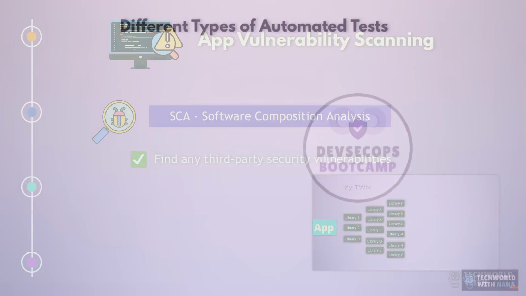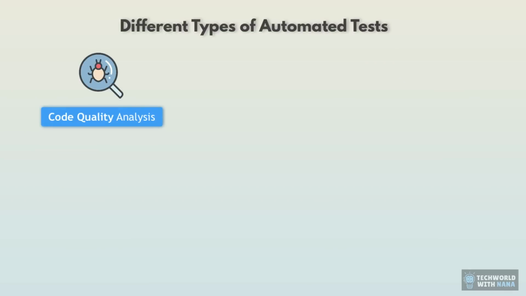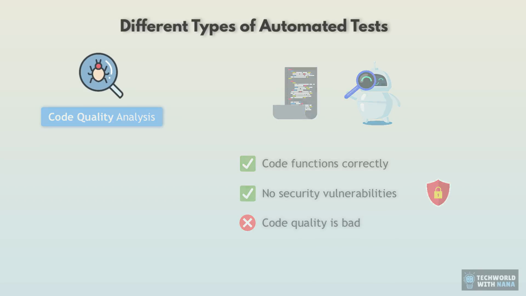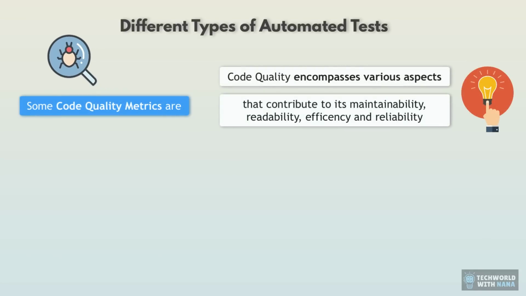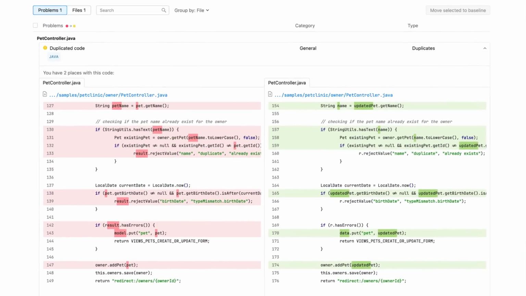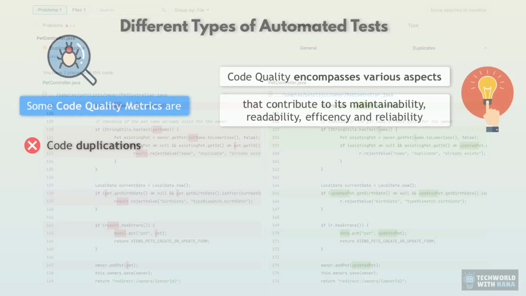And then finally, you also have code quality tests. So your application code may be working, so the functionality is fine, it may be even secure, but your code quality may be bad or unmaintainable. Let's say you have lots of code duplications because instead of putting things into a function, you are just duplicating the logic in multiple places, which is a bad practice.